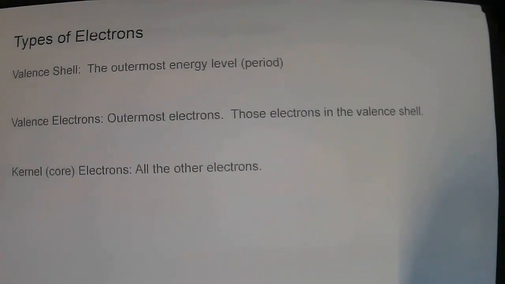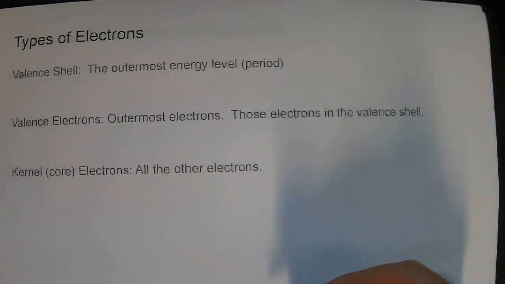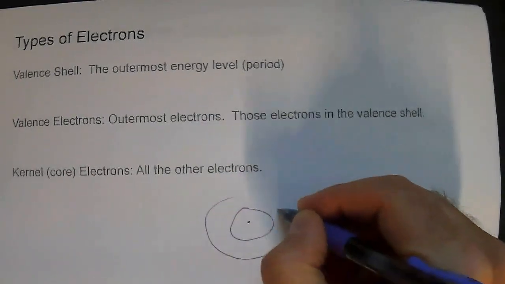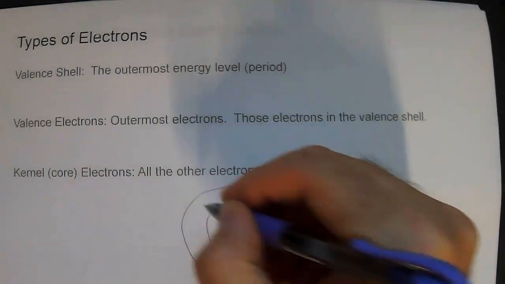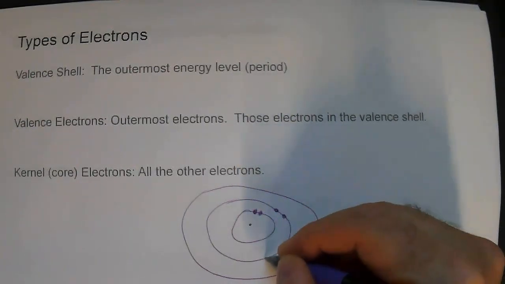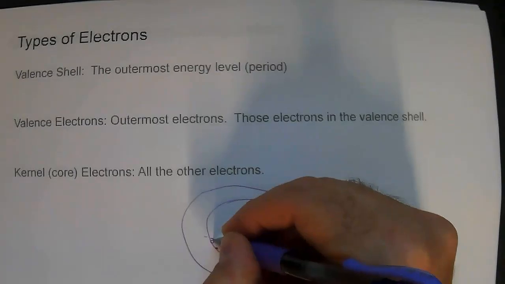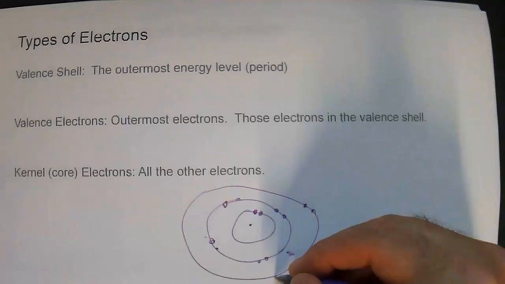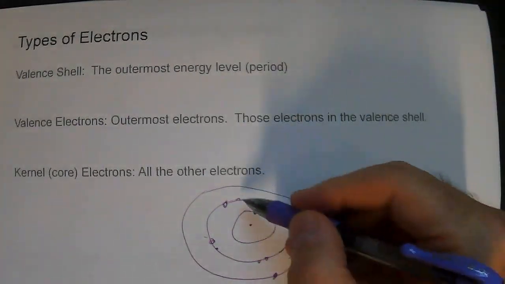We talked about this. There are 3 vocabulary terms. You need to pause this. You need to know what the valence shell is, what valence electrons are, and what kernel electrons are. We did this in terms of a Bohr model of an atom. The valence shell is the outermost shell.